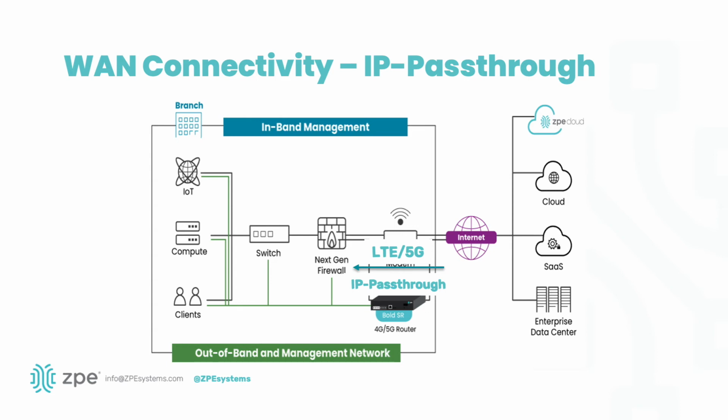In the traditional branch deployment, most customers will have a modem connection, which provides an MPLS connection, a VDSL connection, or any other form of connectivity, combined maybe with a next-gen firewall configuration. Additionally, many customers have a 4G or maybe already a 5G connection available as well for resilient purposes in case your main internet connection goes out.